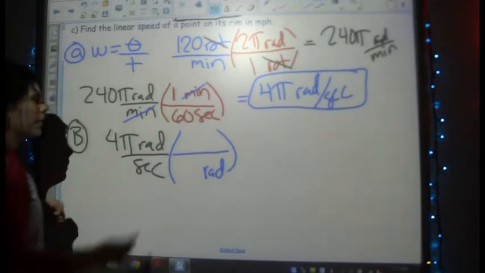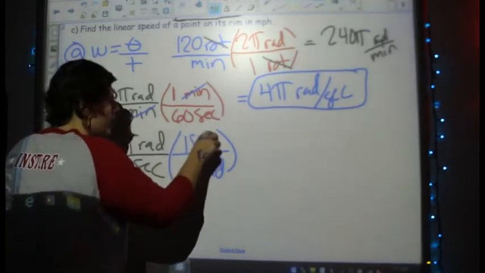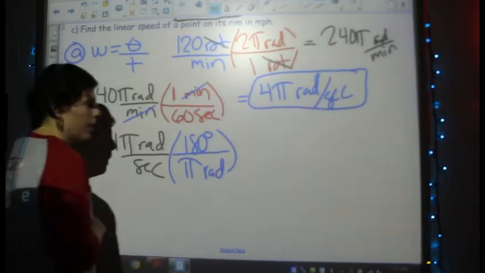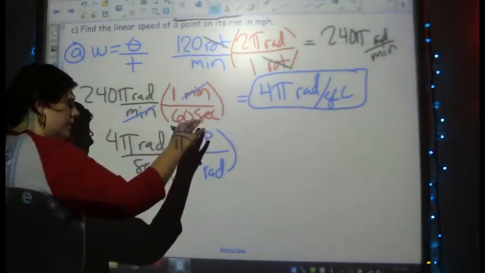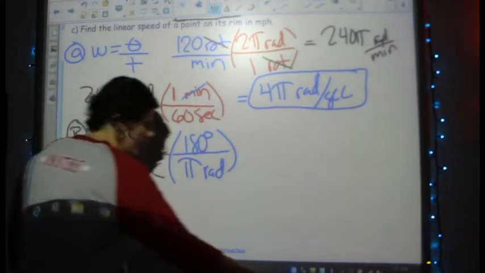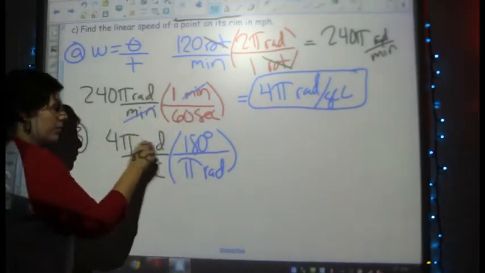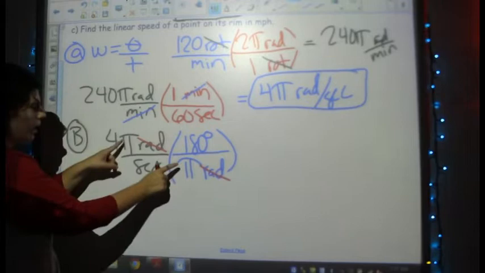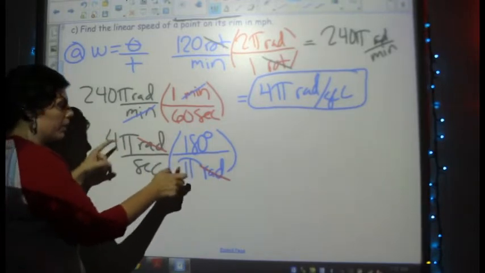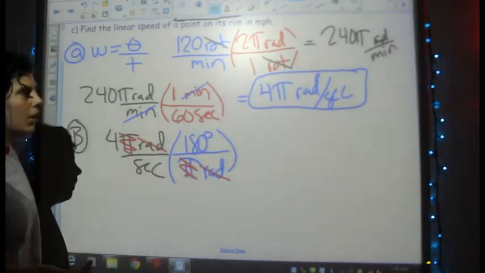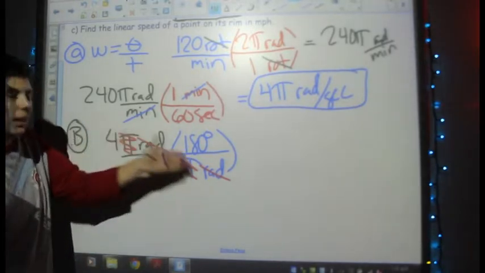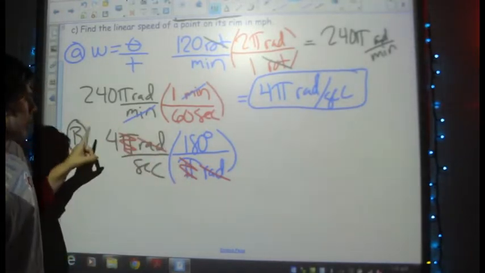And I know that there are 180 degrees in every pi radians because pi equals 180 degrees. So 180 degrees is the same thing as pi in radians. I can see that my radians cancel. Furthermore, I have a pi on the top and a pi on the bottom. They're going to cancel. That's why I don't bother dividing or multiplying through by pi, because a lot of times they're going to cancel in your work.